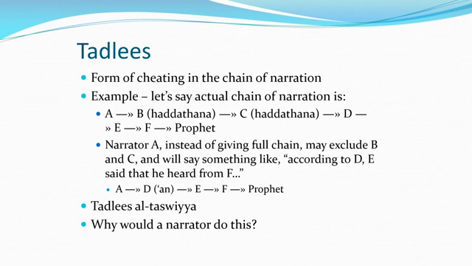Now, narrator A, instead of giving the full chain, may exclude B and C and say something like, according to D, E said that he heard from F. So he will take out the B and the C narrators, and based on their narration, he will just say an D, that E said, that F said, that the Prophet said.